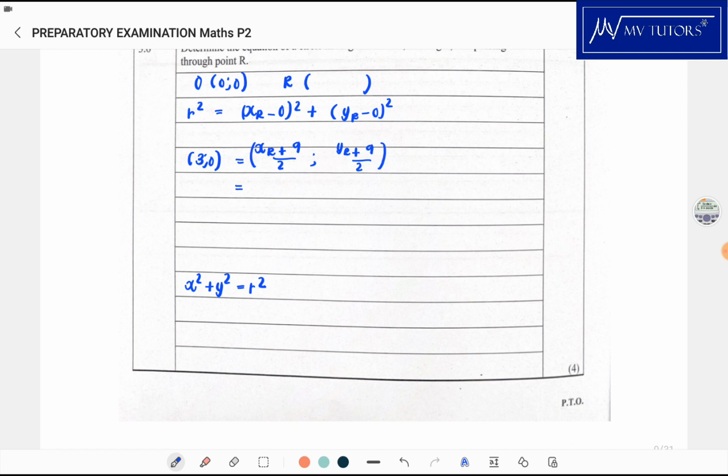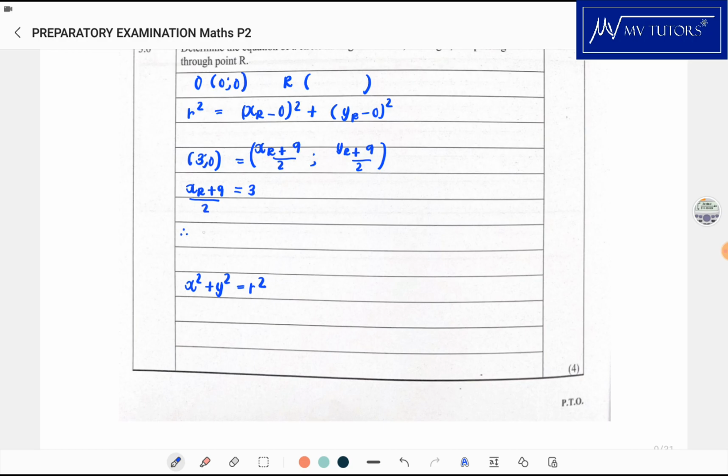So we can then say x_R plus 9 is equal to 2 times 3. Or rather, let me just do it the long way so that you can see where I'm getting things. So we're going to make that equal to 3.